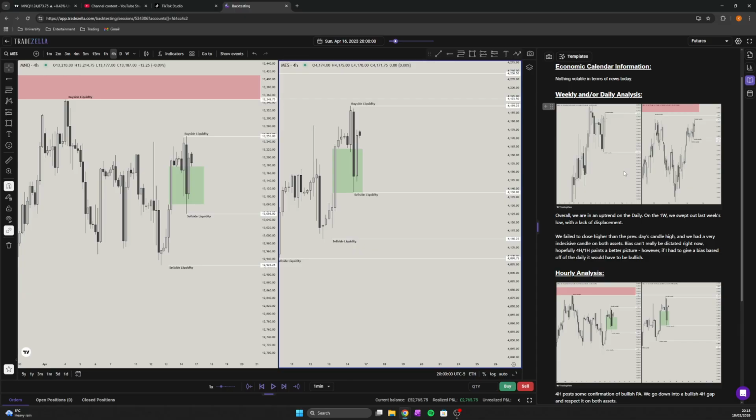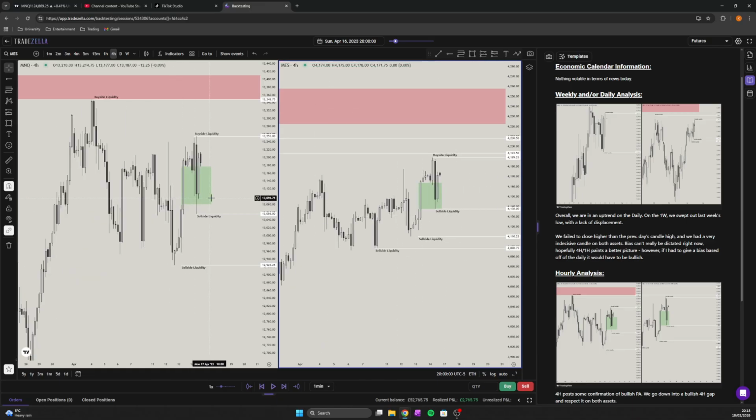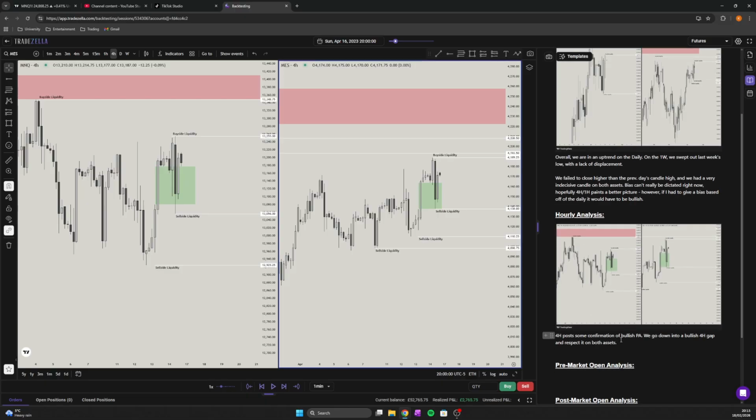Is there anything else to say really? Are we in a bit of a consolidation? What's going on? We do look like we are trading within a small range on the 4 hour.